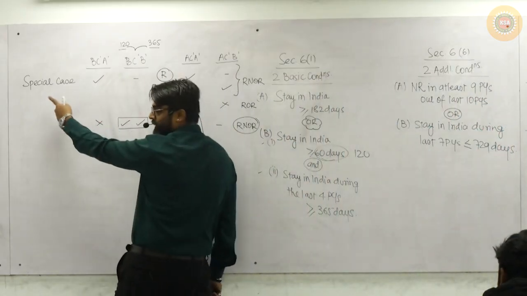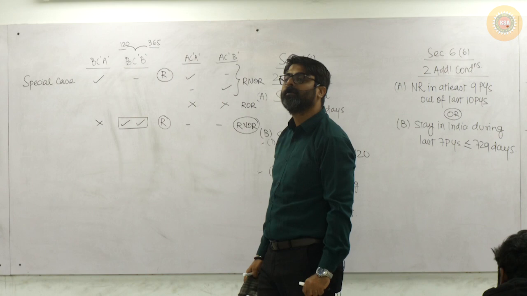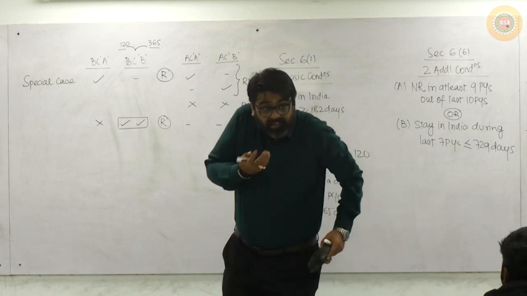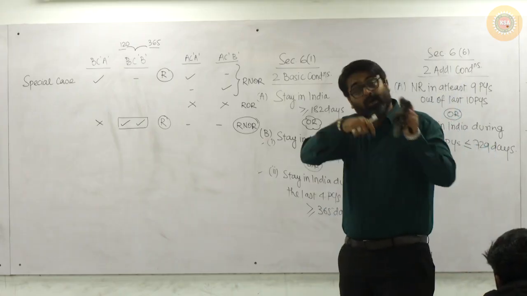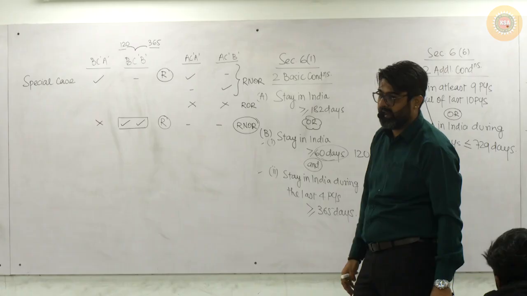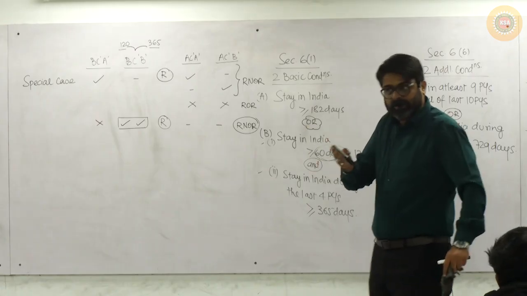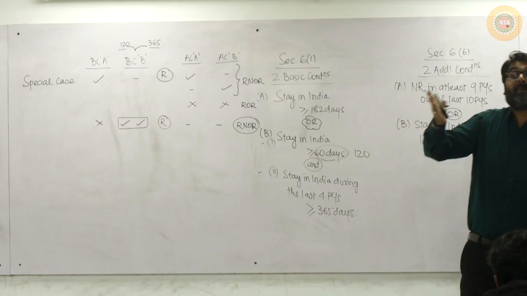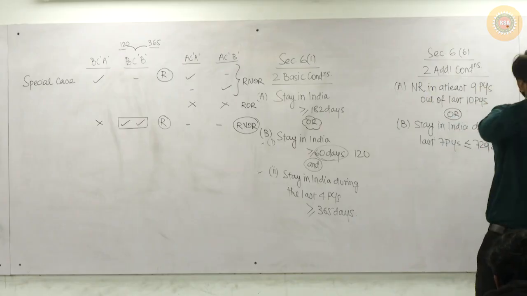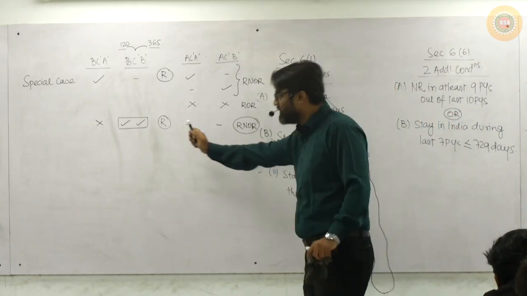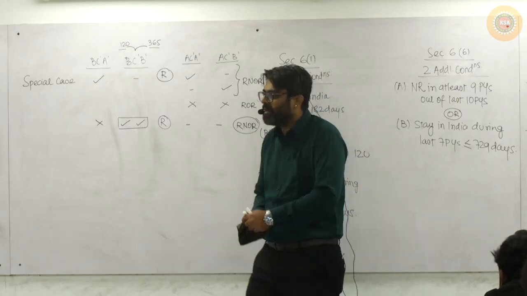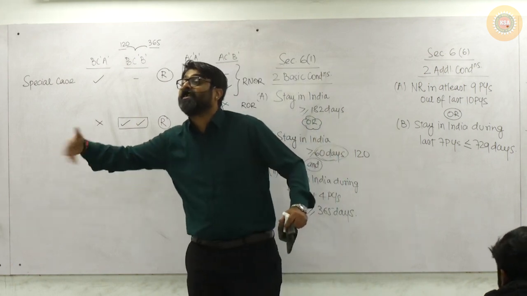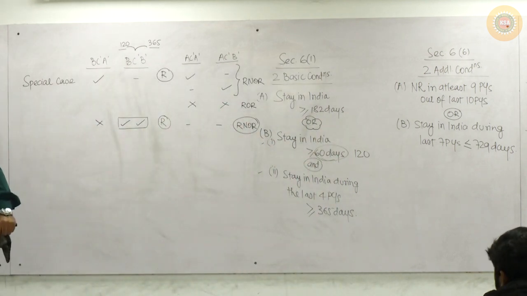In the special case, you will check additional conditions only if you are becoming a resident by satisfying basic condition A. But if you are not satisfying basic condition A, and you are becoming a resident by satisfying the special basic condition B, we will not tell you to further satisfy additional conditions to become RNOR, we will directly treat you RNOR.